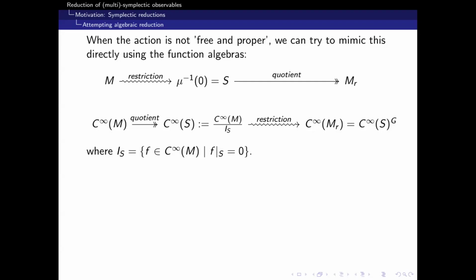And now both of these operations need essentially no conditions. Whenever we have some closed subset, we have the ideal of things vanishing on it. We can quotient it to get observables on essentially any closed subset, even if it's not a manifold. And whenever we have some action which would preserve the subset, we can take invariants to get something which should be the functions on the quotient.